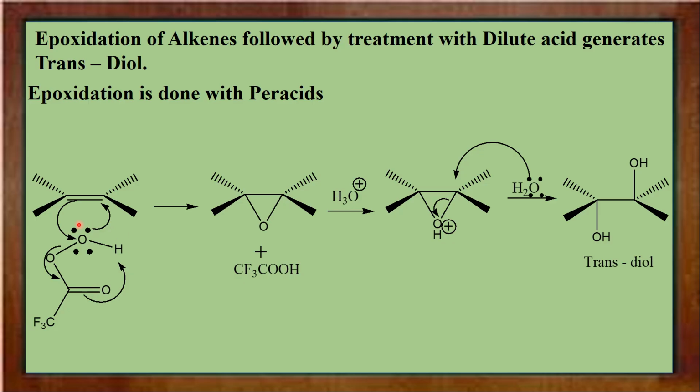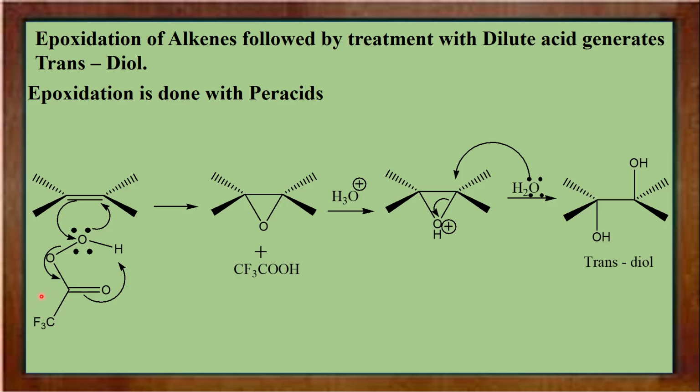So here we can use a peracid. Here I have given trifluoroperoxyacetic acid. So here we have C double bond O carbonyl OOH. So CO3H, that is peracid. And on the other side we have an electron withdrawing group.